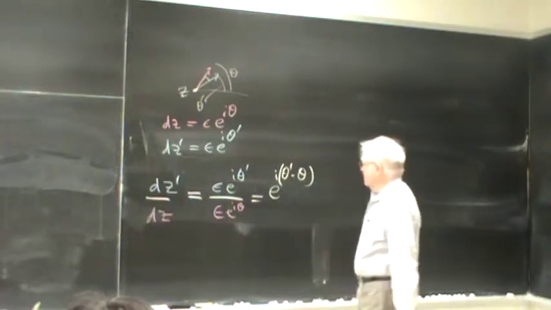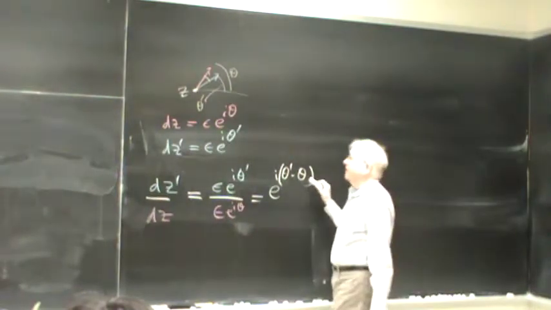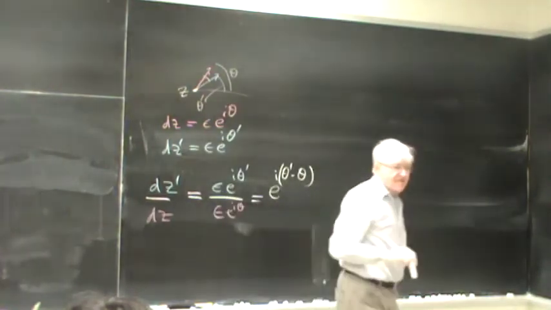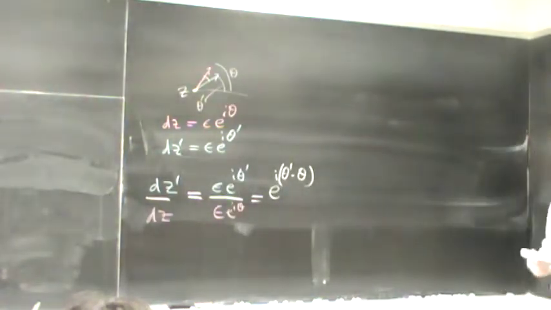So this is the angle, theta prime minus theta, between these two small vectors in the complex plane.